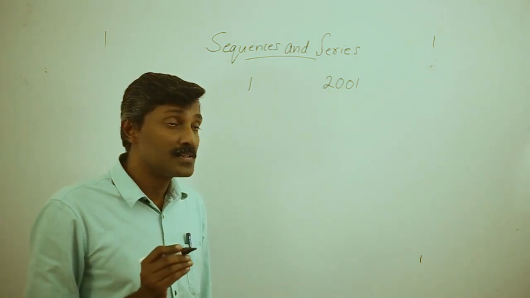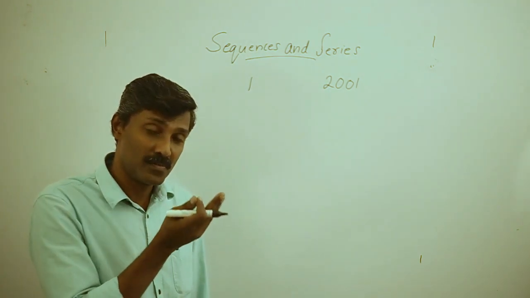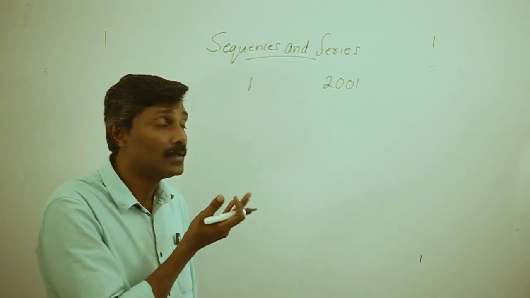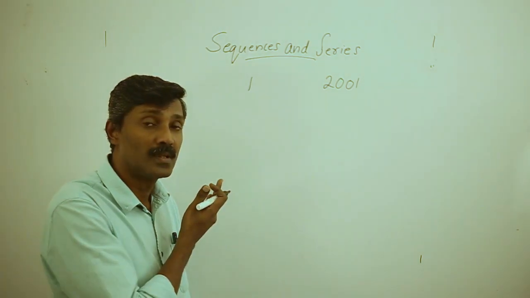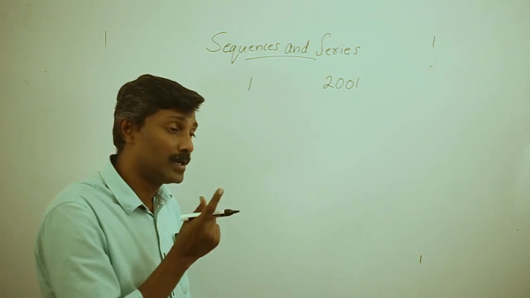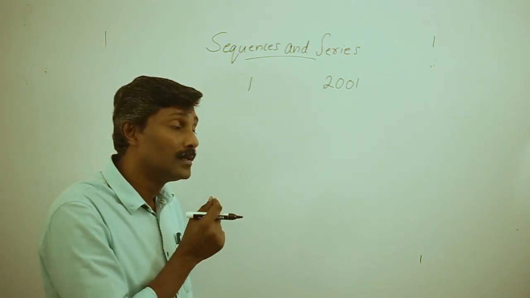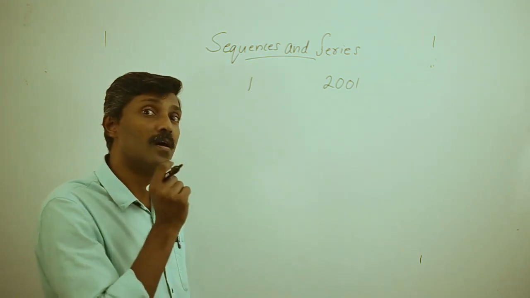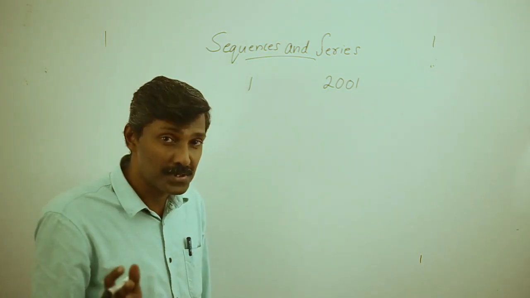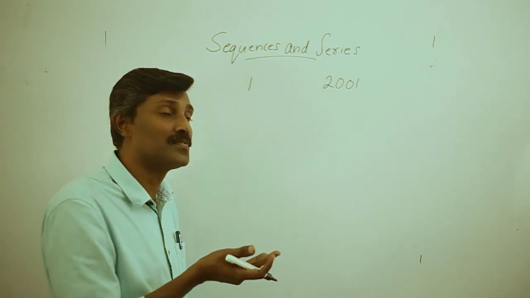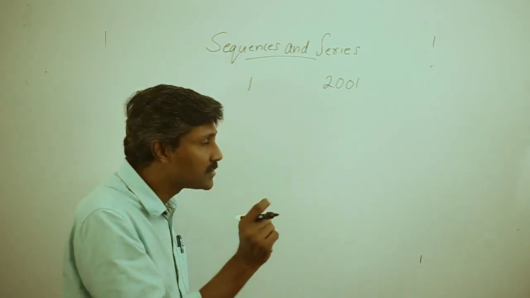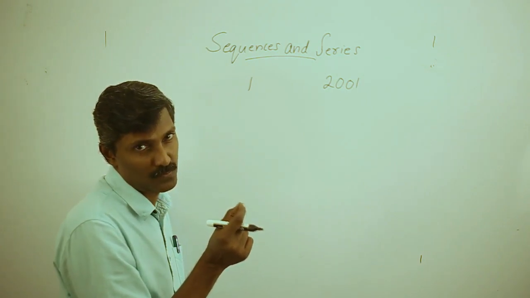Clearly the first term is 1 and the last term is 2001. Not every integer, there might be even integers as well, but you are asked to find the sum of only odd integers from 1 to 2001.